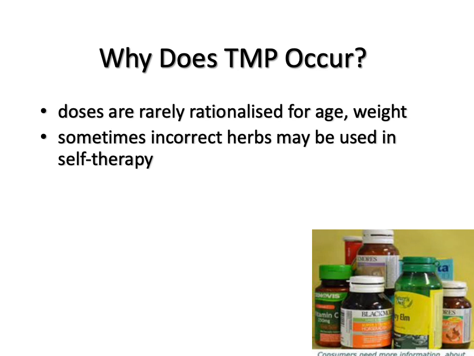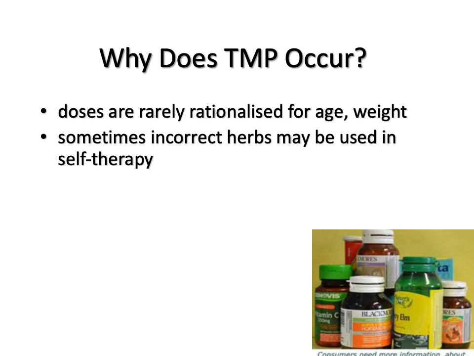Sometimes traditional medicine poisoning occurs as a result of the use of incorrect herbs, especially when people are doing self-therapy. And we saw a lot of this during the COVID era, where people who did not know Lippia javanica would make a mistake and instead pick Lantana camara, which might have some white leaves.